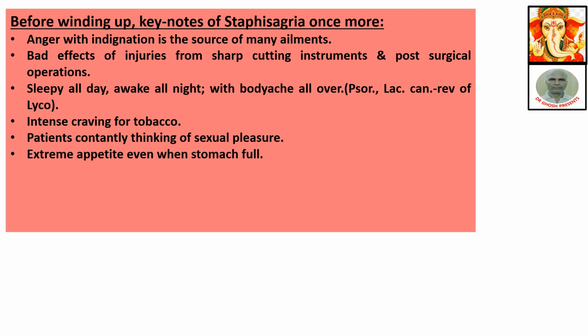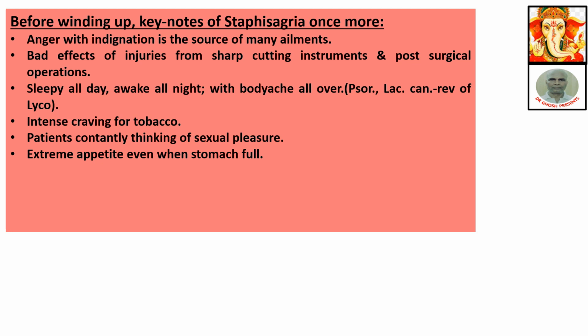After giving Staphisagria, that particular place swells up, a lot of pus and inflammatory fluid excretes, then the whole injury dries up. It has been seen in many practical cases of post-operative trouble in surgery.